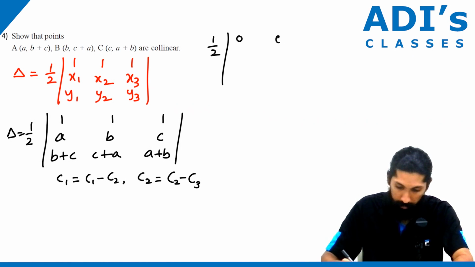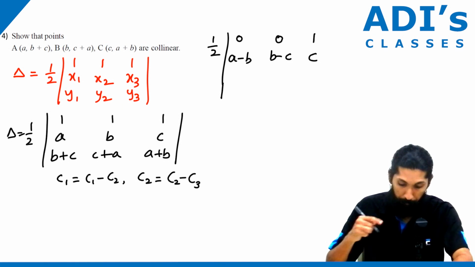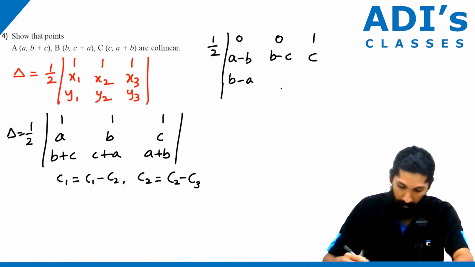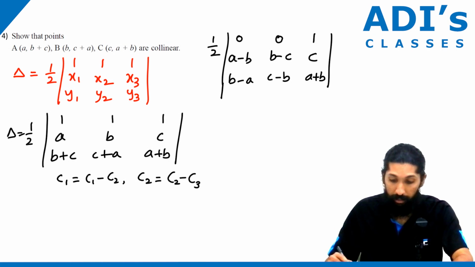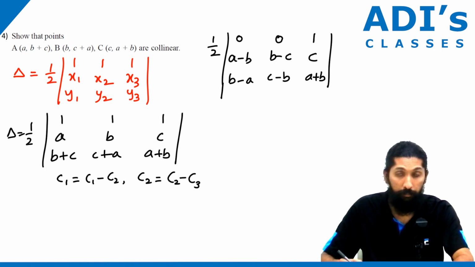Fair enough? So if you use this, then the first value, half, determinant of 0. Here also you are going to get 0. Here you are going to have 1. This will become A minus B, B minus C, C. Next one, B plus C minus of C plus A, which basically is B minus A. Next, A and A cancels, C minus B, A plus B. Now what do you do? Expand using the first row third element.